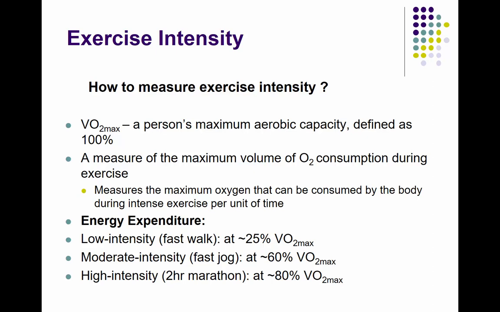So everyone has a maximum oxidative capacity. Different individuals may have a different number, but each individual has their own maximum capacity. If you compare athletes, particularly marathon runners, they probably have a higher oxidative capacity compared to untrained runners.